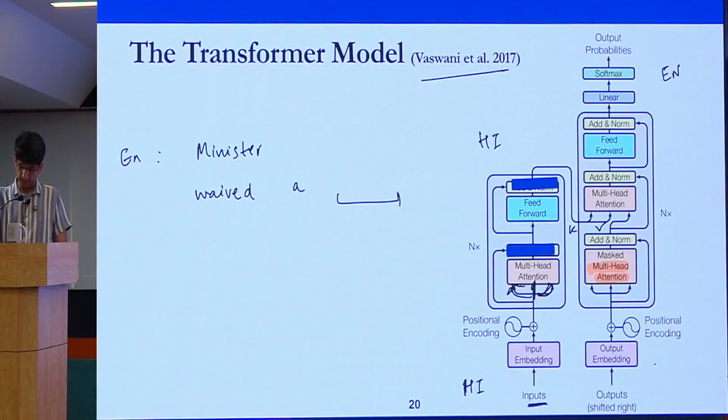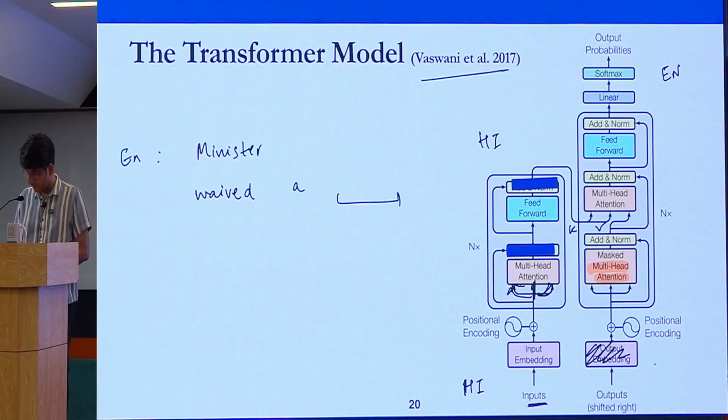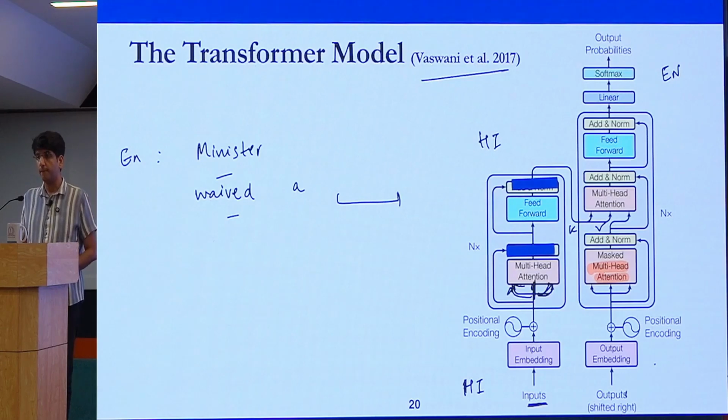What is that output embedding input as well to the decoder? So the question is, what is this? When you have, let's say, translated "minister waved a", you need to feed that also in the decoder, right?